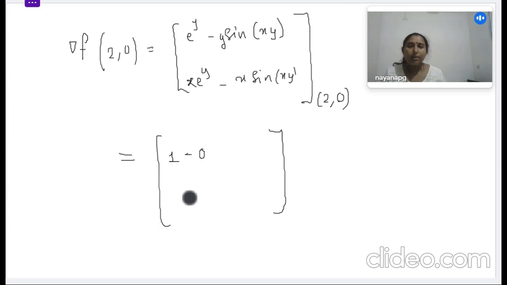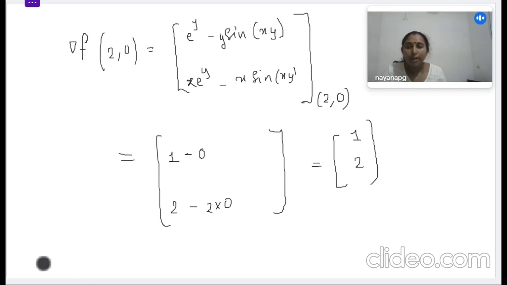The next term is x e raised to y: x is 2 and y is 0, so 2 times e raised to 0 gives 2, minus 2 sine xy, and since y is 0, sine 0 is 0. So we get the vector (1, 2). This is the gradient vector.